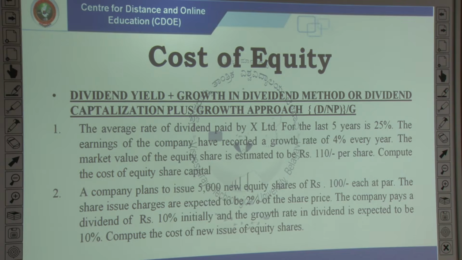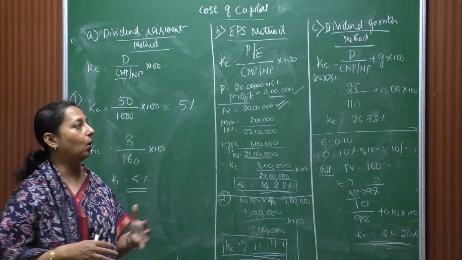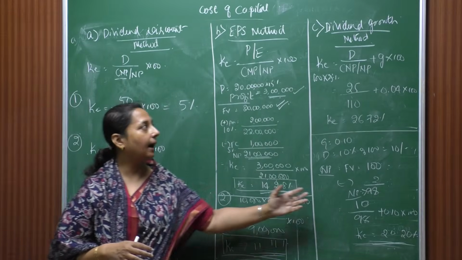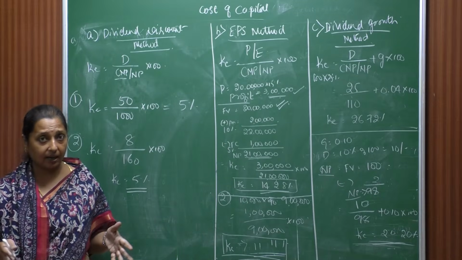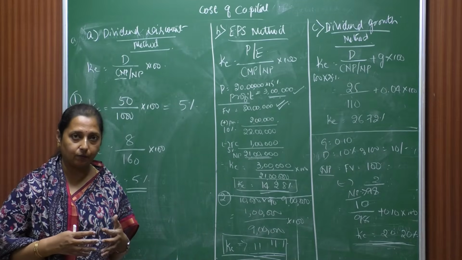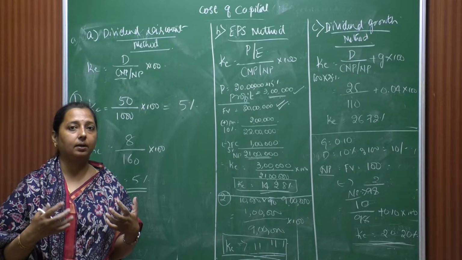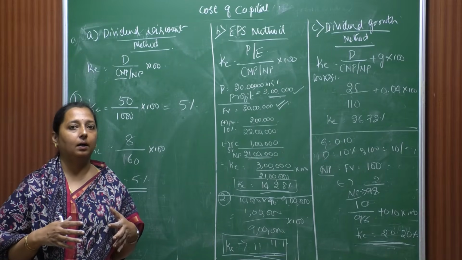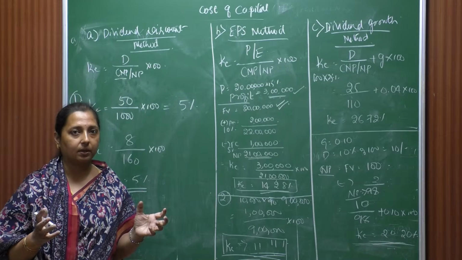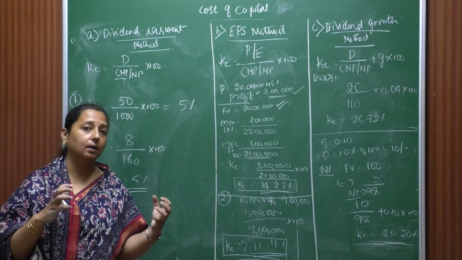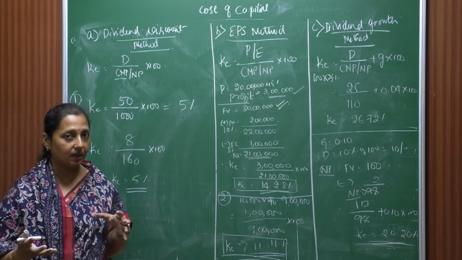So this is how we need to calculate the cost of equity using the dividend discount, earning price and dividend growth methods. I have taught you together. Do not get confused with the current market price as well as the net proceeds.